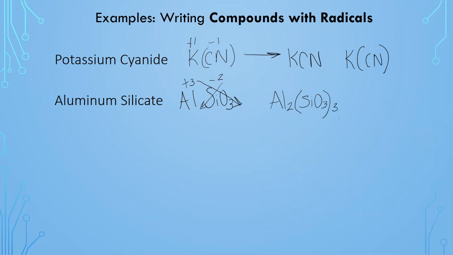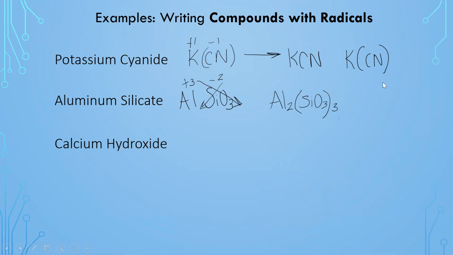So my final answer is Al2 (SiO3) 3. I'm not saying Al2SiO33. Okay, so if you're adding a subscript to a radical, you have to include parentheses. But for this one, we weren't putting a subscript, so it was optional.